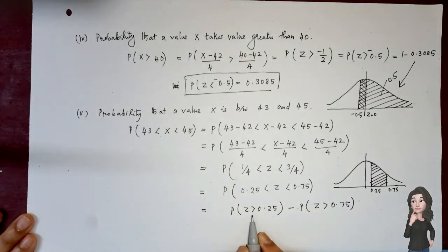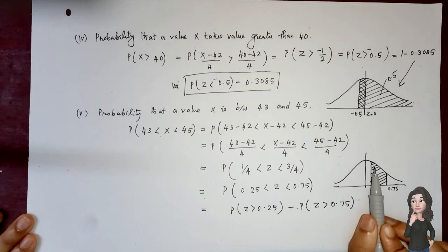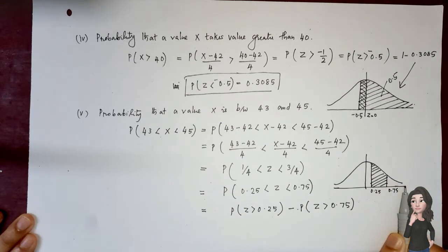The probability of z greater than 0.25 will give me the total area from here till here. From that, if I subtract the probability of z greater than 0.75, it subtracts this area. So I'll get this area between 0.25 and 0.75.